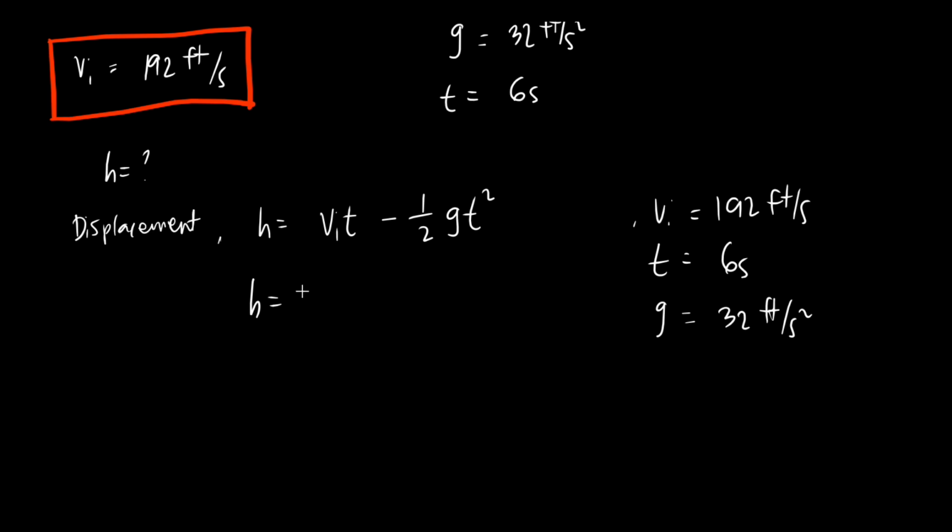Height is equal to 192 times 6 minus 1 half times 32 times 6 squared.